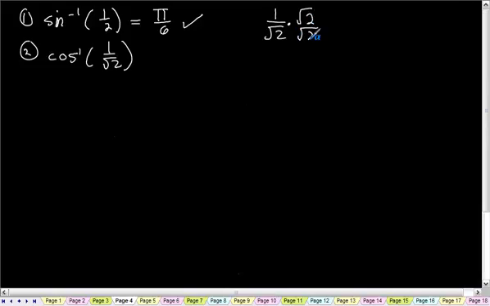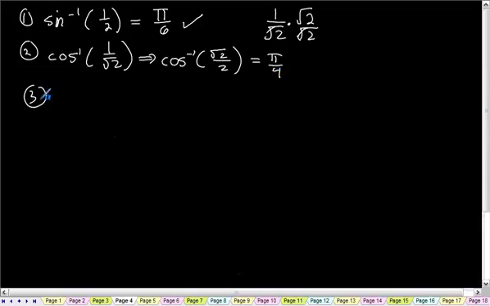Radical 2 over radical 2 is actually a 1, so we're allowed to do that. If we do that, notice the radicals on the bottom cancel out, and we multiply the radical on the top. So this actually becomes the inverse cosine of radical 2 over 2. Now, what angle has a cosine of radical 2 over 2? Well, that's pi over 4.